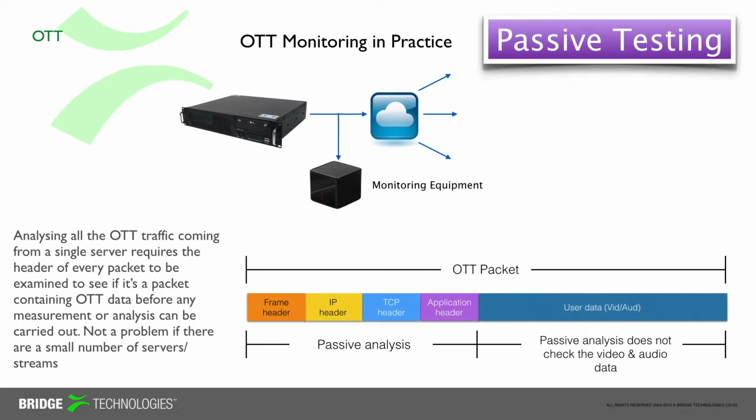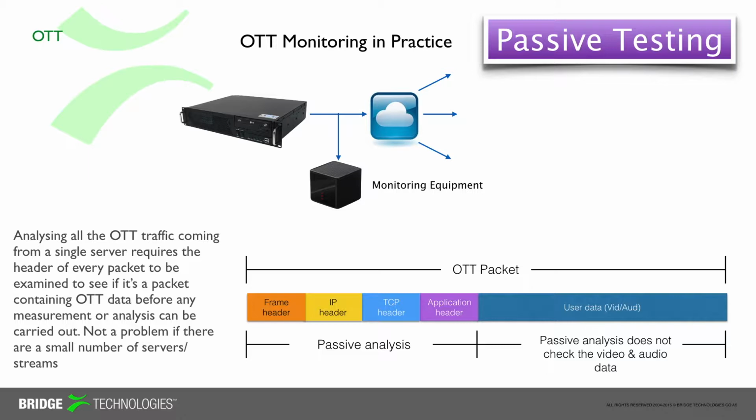Analysing all of the OTT traffic coming from a single server requires that every IP packet be inspected, because unless you inspect the IP packet header, you don't know its destination and what kind of traffic it is. So that immediately places a load on the probe itself, because every IP packet in the interface needs to be inspected, irrespective of whether it's a control message, whether it's traffic for some other destination, or whether it's the service I'm looking for.